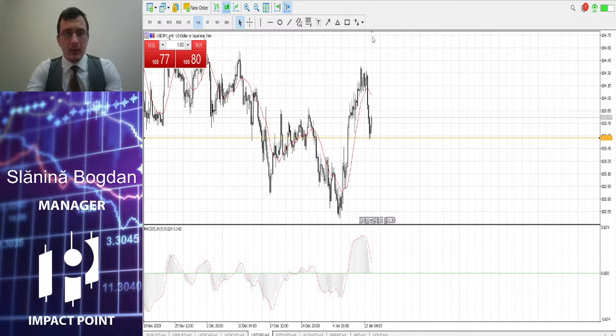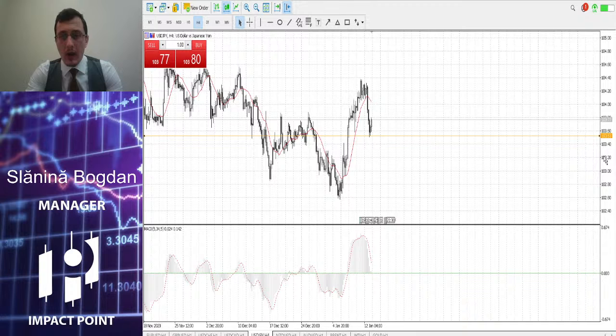Because again, the US dollar has to gain power and rise to the moon. For the long-term perspective, I think we will see just buy opportunities.